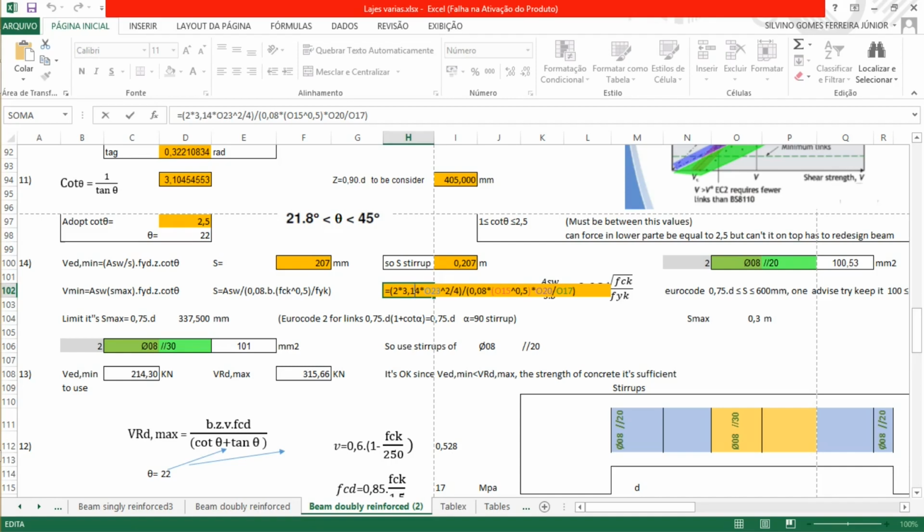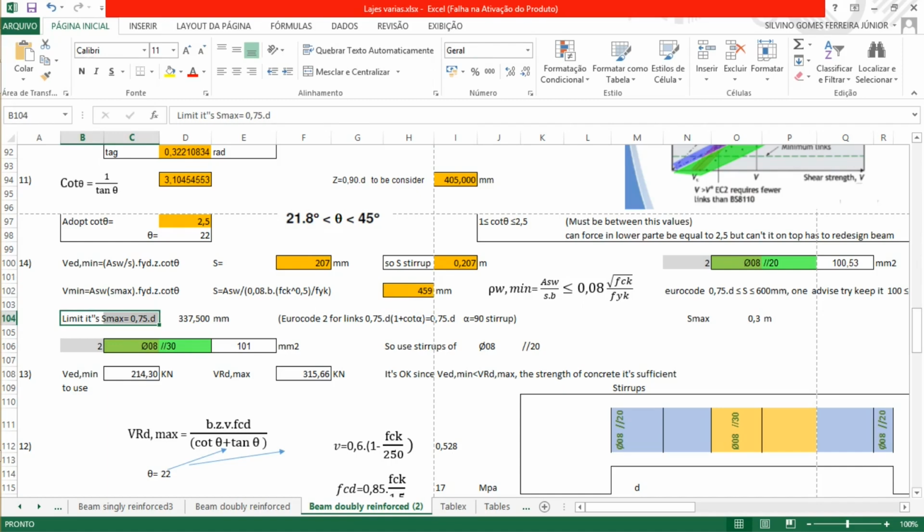Replacing all this, we get for the minimum spacing 459 millimeters. But we have to use the maximum that is allowed to us, which is 0.75 of d on the midspan. So it will give us 337.